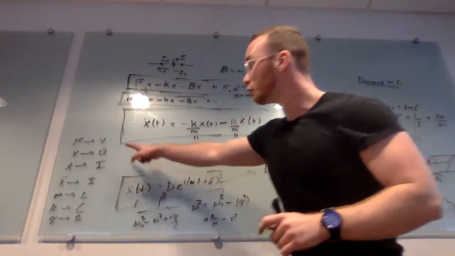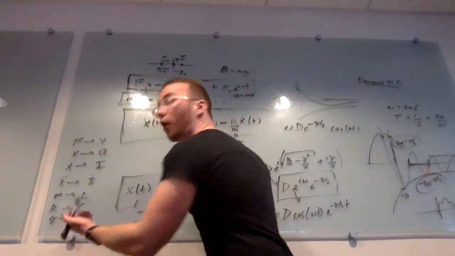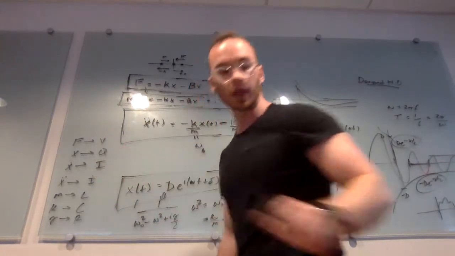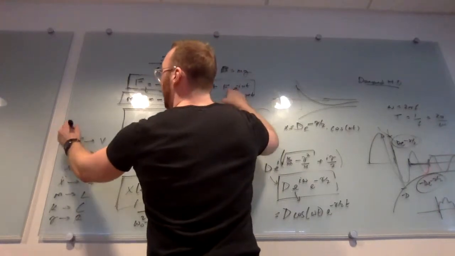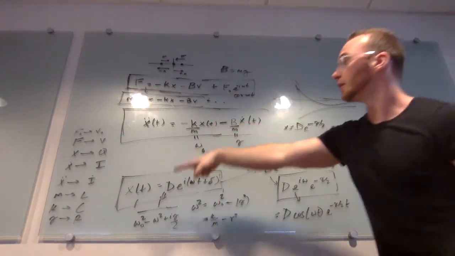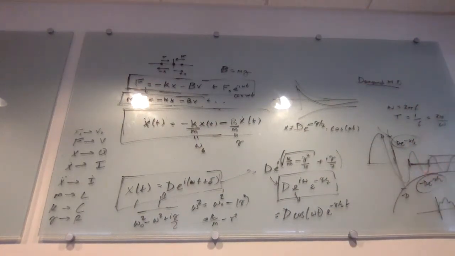The point is that if you replace these and check that the units work, and for here I'm going to do F naught is V naught for some driving voltage, this gives you the exact same differential equation with the exact same solutions. Everything's exactly the same.